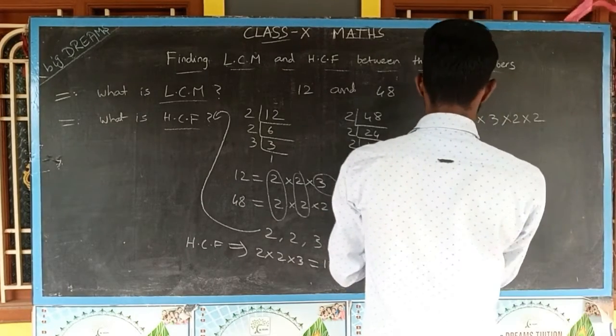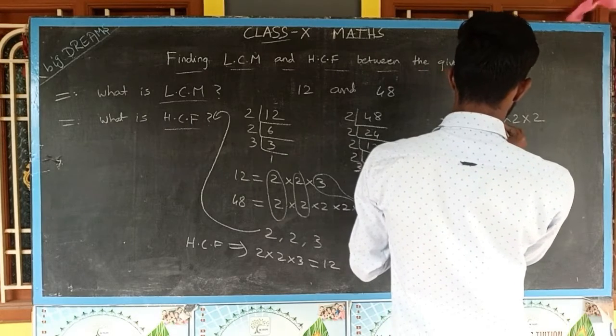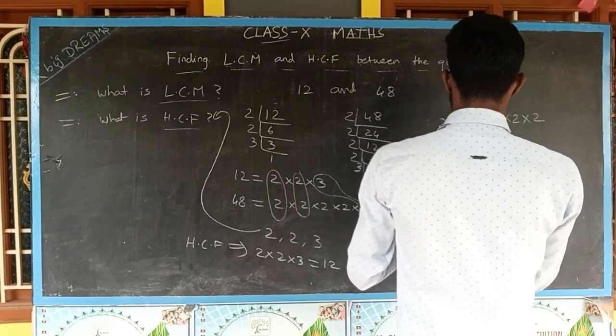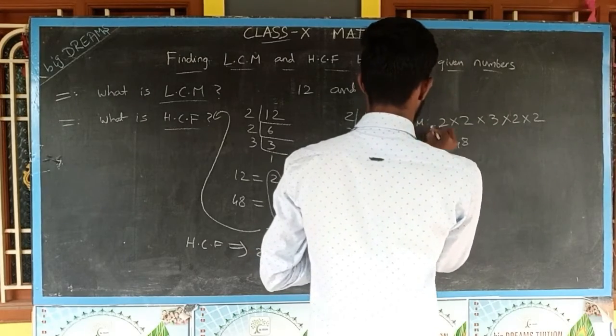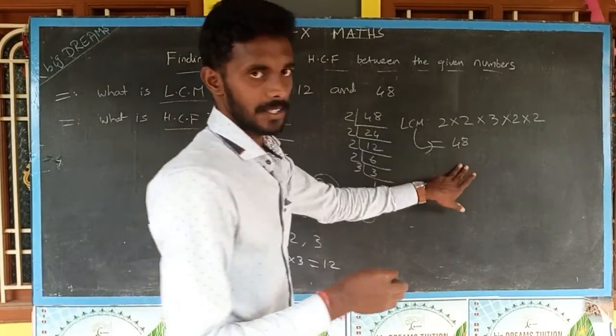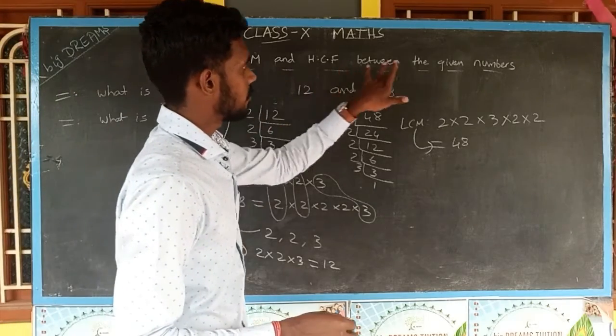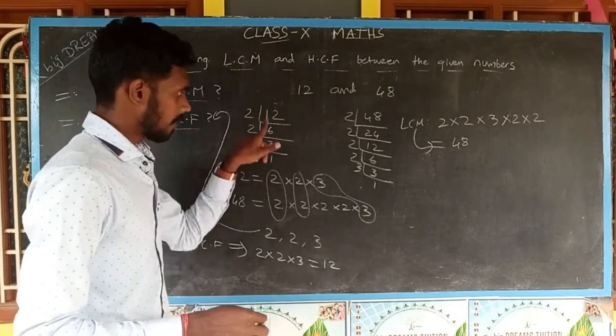Multiplying these numbers, 2 2s are 4, 4 3s are 12, 12 2s are 24, 24 2s are 48. So the LCM between these two numbers is 48. This is the procedure to find the LCM and HCF between the given numbers using the prime factorization method.